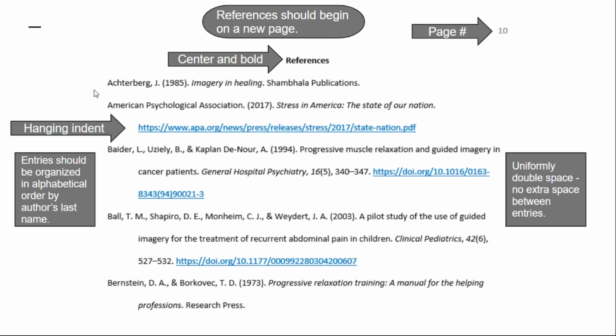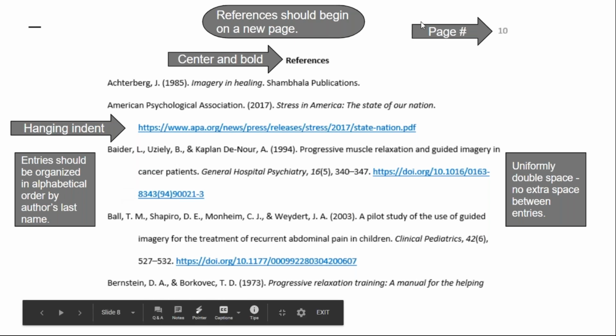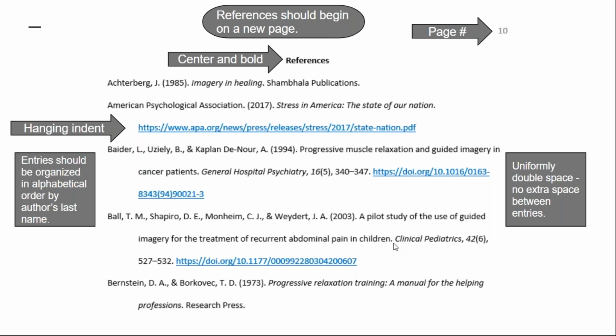That just means that the first line of every entry is going to be left justified. Every subsequent line of each entry is going to be indented. And then you'll also organize them in alphabetical order by author's last name. And you'll still have a page number on your reference page. Every page should have a number at the top right.